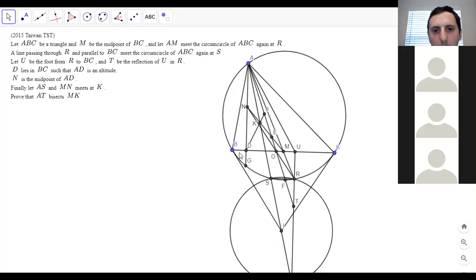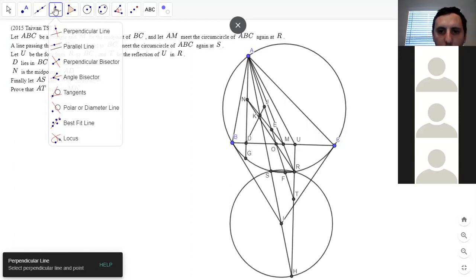Maybe we could project DK and J and then D, M, and U onto the circle and show that. So we could do D, K, J, infinity and D, M, U, infinity. But the thing is we would need to draw the parallel from A to DJ. I'm not sure if that would help.